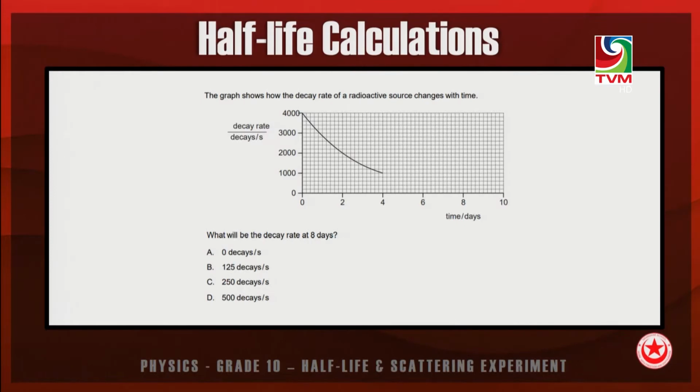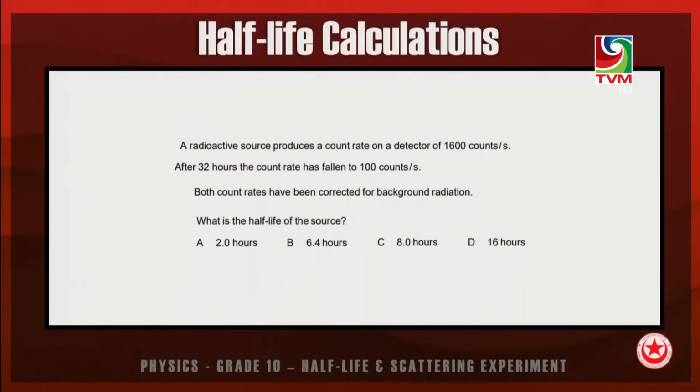Okay, then the next question. A radioactive source produces a count rate on a detector of 1600 counts per second. After 32 hours, the count rate has fallen to 100 counts per second. Both count rates have been corrected for background radiation. That means the background radiation we detected has been removed.